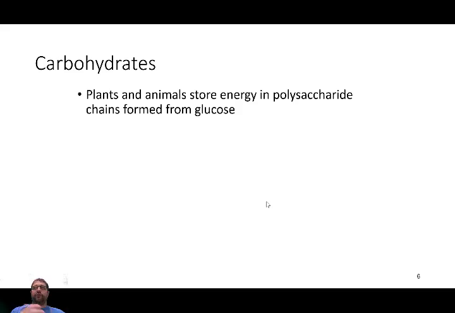Plants store energy differently than animals do, but they both store this energy based on polysaccharides, on how glucose is being combined in the organism's body. For plants, the storage comes in the form of starch.